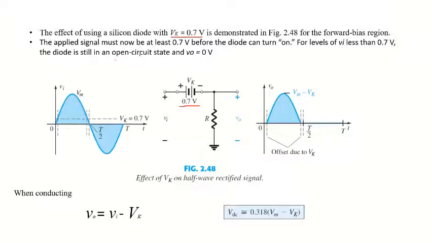The applied signal must be at least 0.7 volt. If Vm is equal to 0.6, then the diode will never be in the on state, for both the positive and negative half cycles. So the output will be like this.